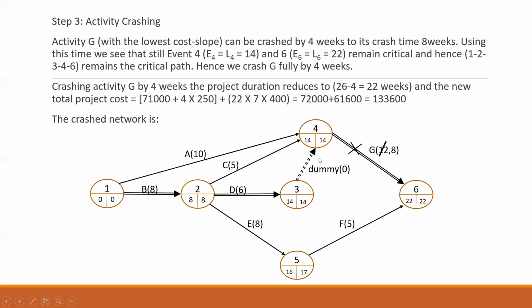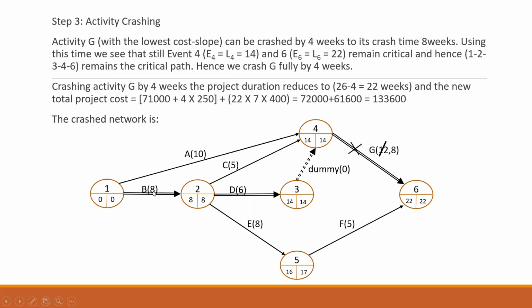Okay, and you can see that I have put a cross here for this critical activity G, because I have crushed to the maximum which I can crush the activity G for, that is 4 weeks. Okay, so I cannot crush this activity further, and that's the reason I put a cross here. Okay, and my new duration for G is now 8 weeks, and that's the reason you can see this value has changed. Instead of 26, it has become now 22.